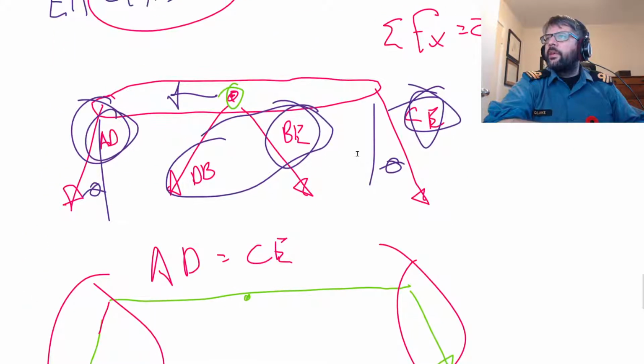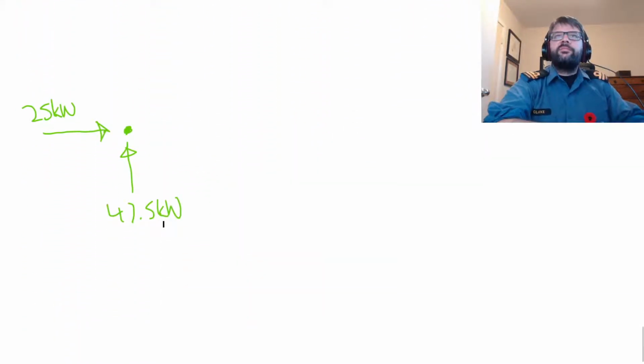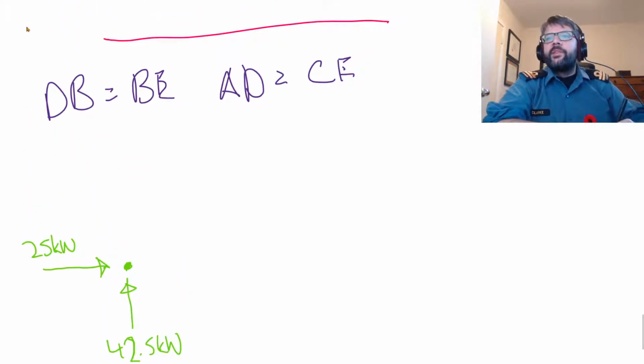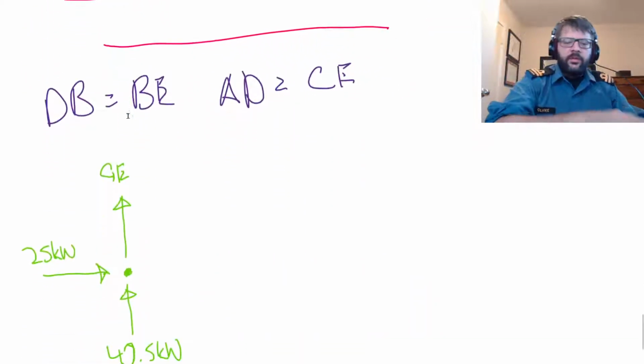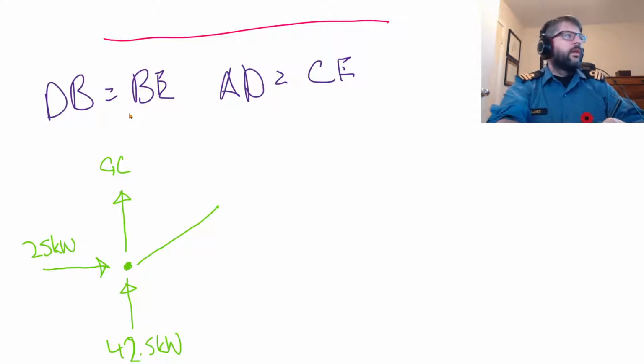I'll just double check that. 82.5. I turned that 2 into 7. We've also got GE. Wait, no, that's GC. That's GC. And we've got this one here, that's GE.